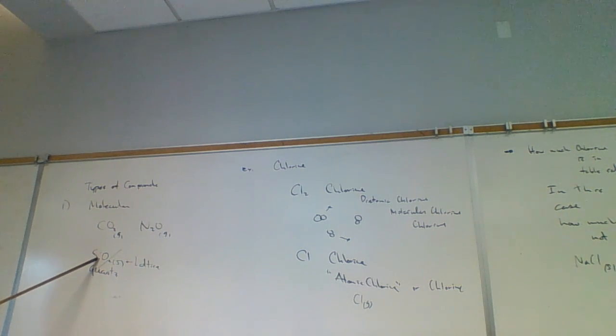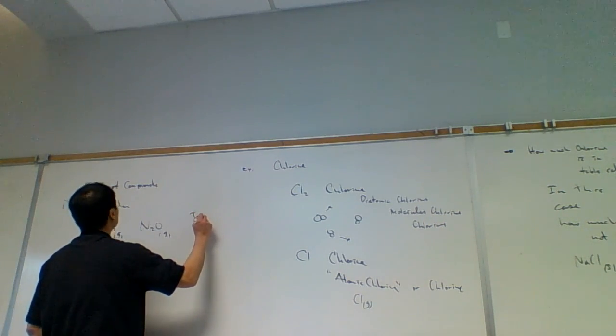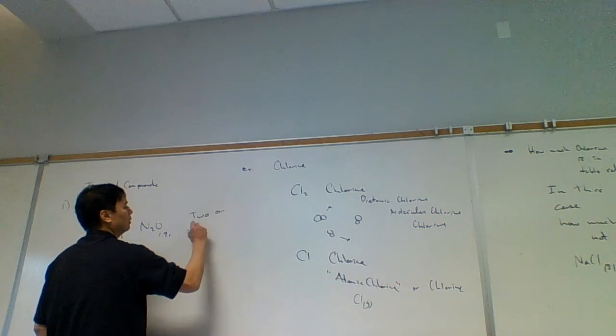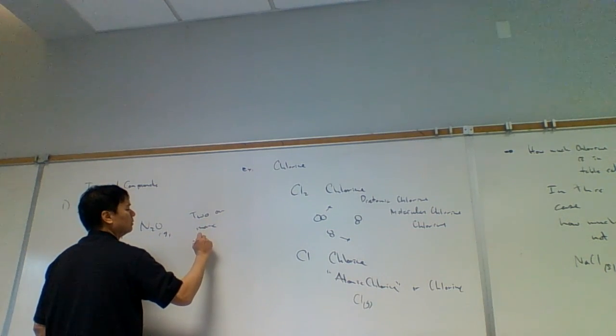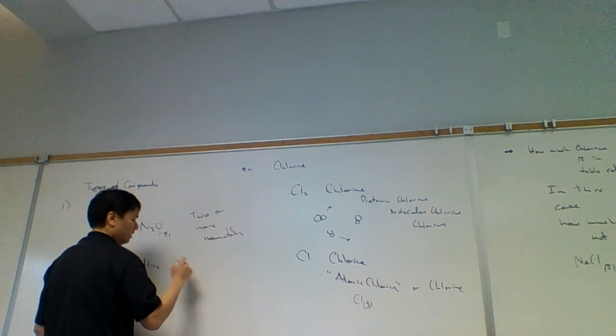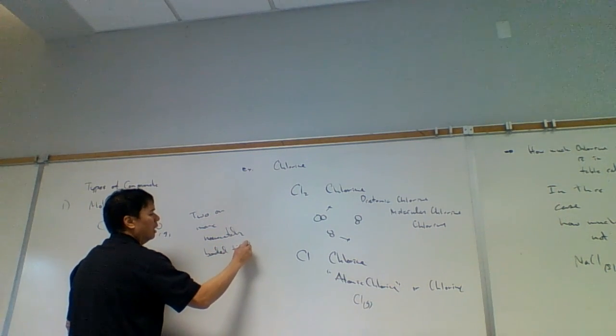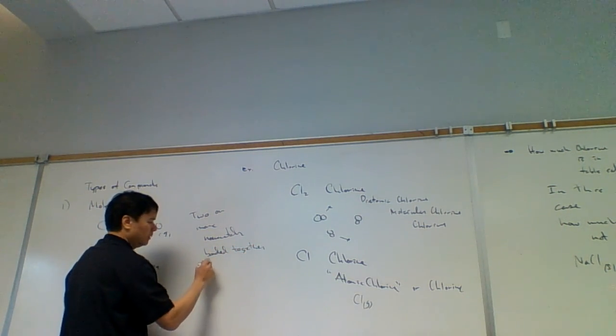Silicon is a metalloid. Oxygen is a nonmetal. And so it appears that a metalloid is not going to form molecules. And so the situation is this: typically two or more nonmetals bonded together will form molecules. There are exceptions.